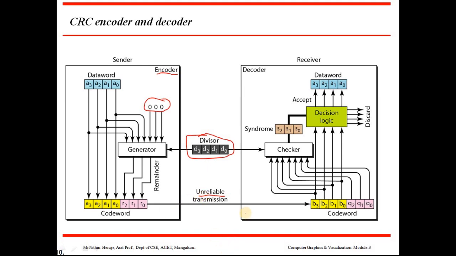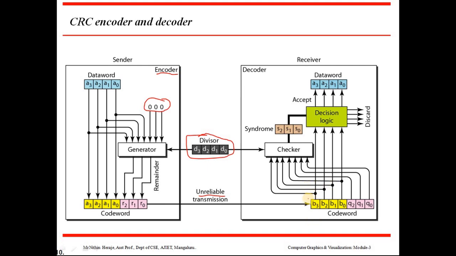Okay, so it is received at the receiver end like this, that is B3, B2, B1, B0, Q2, Q1, Q0, since it is not sure if the received message is same as that of the sent message.